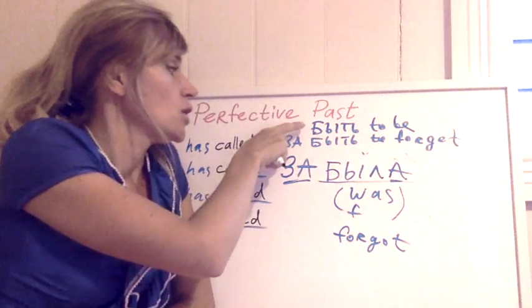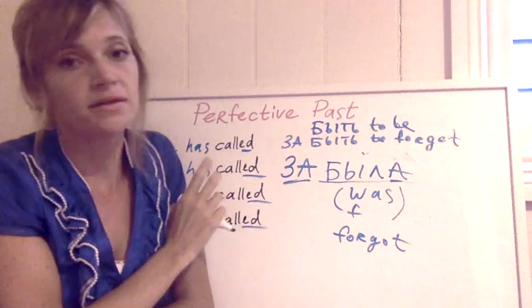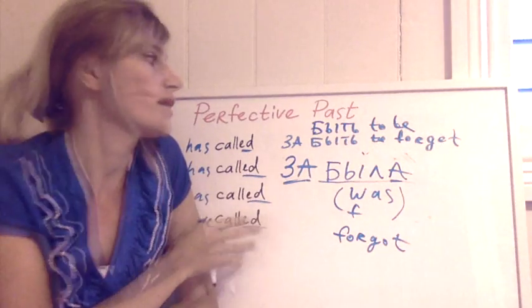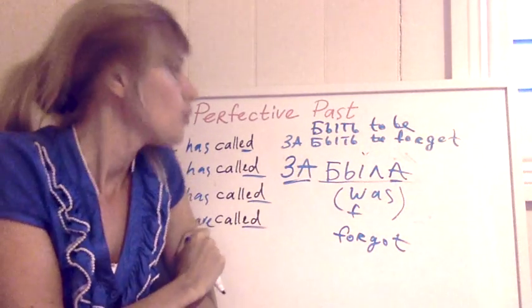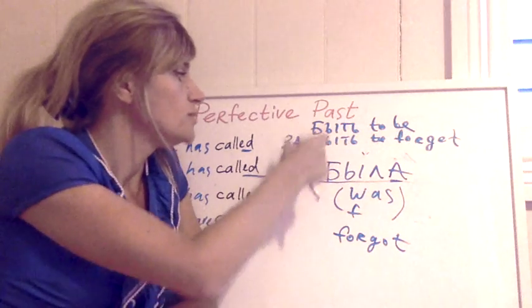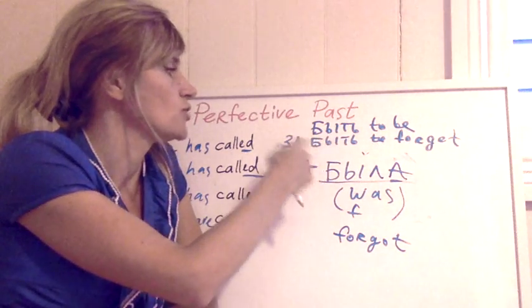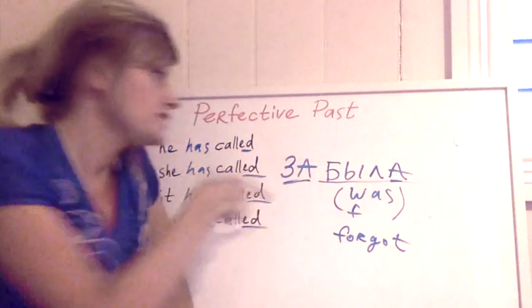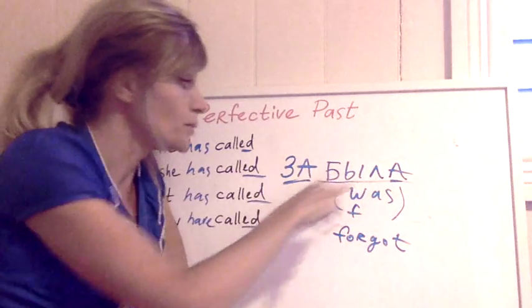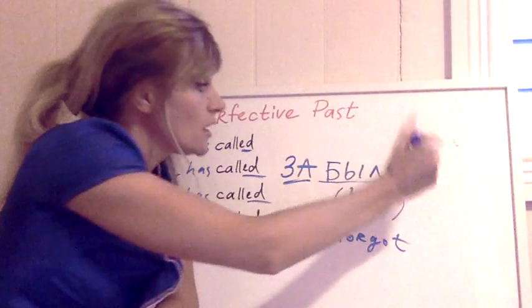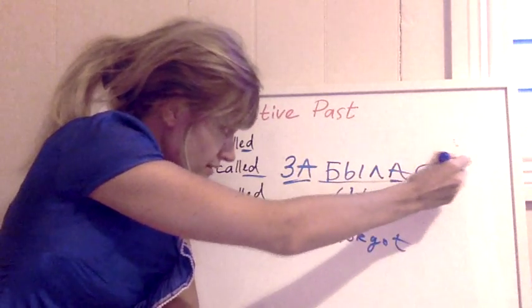You can learn it like it's completely different verbs. You can learn it like this. Problem with this, that's fine. Or you can go deeper with translation and see actually why it's like that. What else can we do with this word? Забыла, I forgot, and we can make it reflexive.